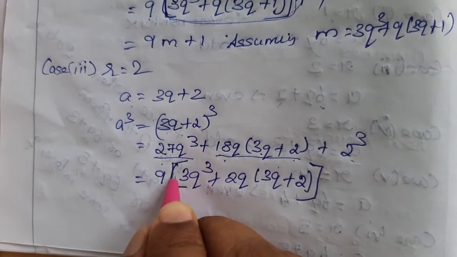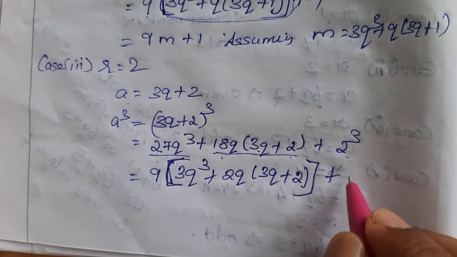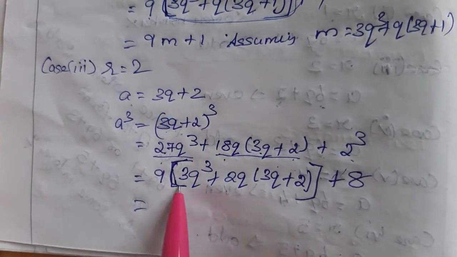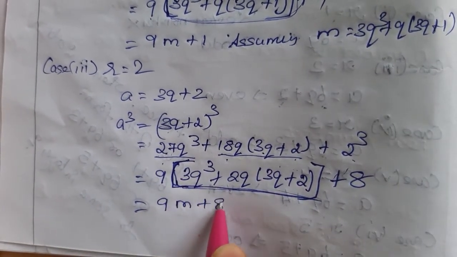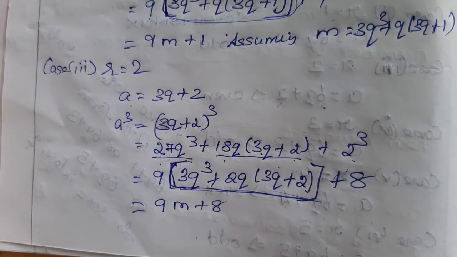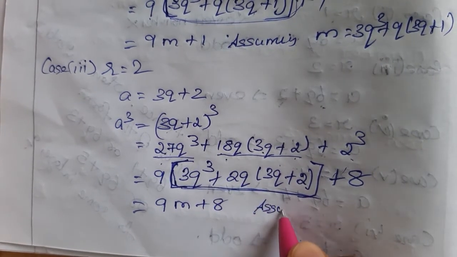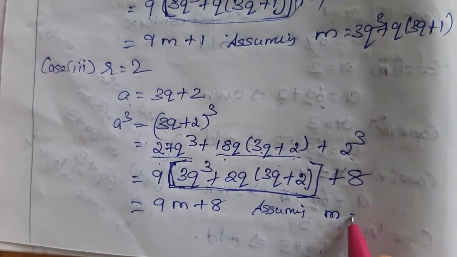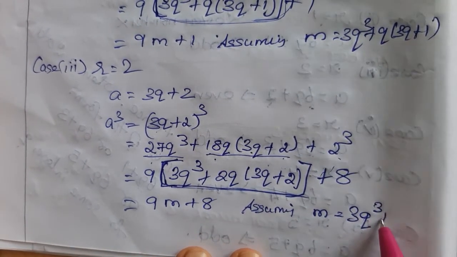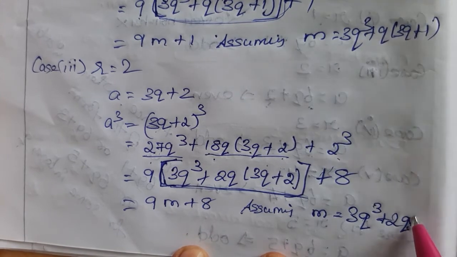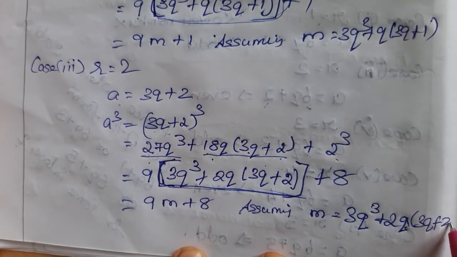So this is a multiple of 9, plus 2 cube which is 8. Assuming m can be any integer, 9m plus 8, assuming m is equal to 3q cube plus 2q into 3q plus 2.